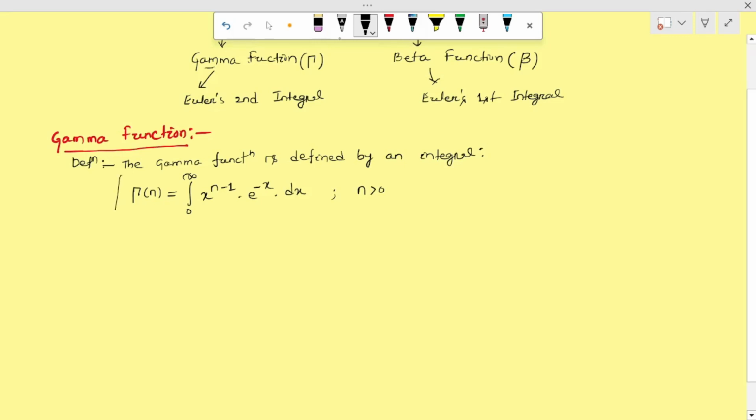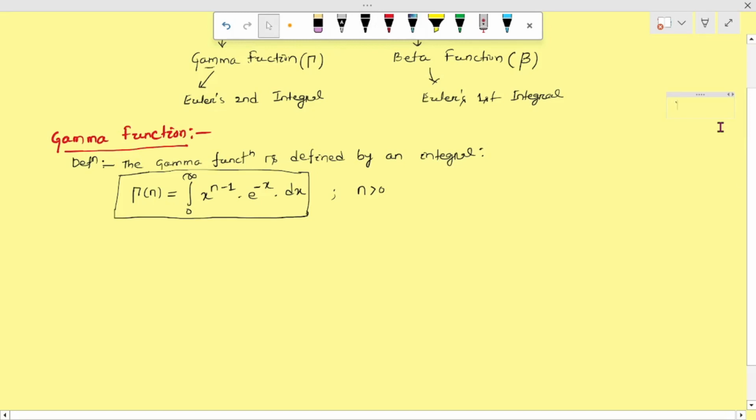You just remember this integral. This is the simple definition or representation of the gamma function, and this is also called Euler's second integral.